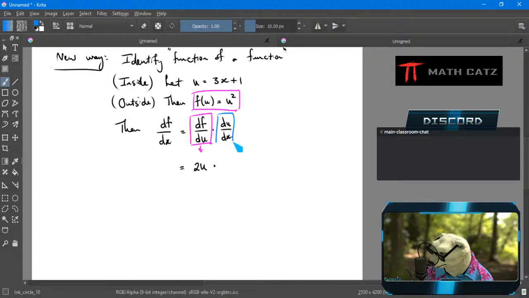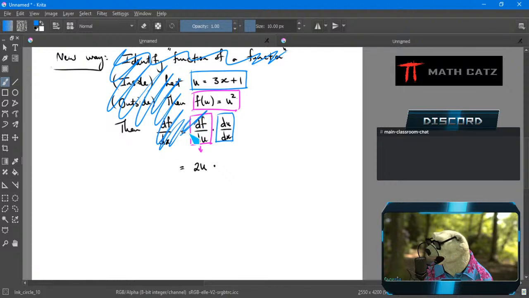Next, I have to look at the second part of what I'm instructed to do by the chain rule. That says, take the derivative of u with respect to a variable x, which means I'm looking for a function that has a variable x. So right there. And again, when I do the second part, I see nothing else. I don't care about anything else that I have done.